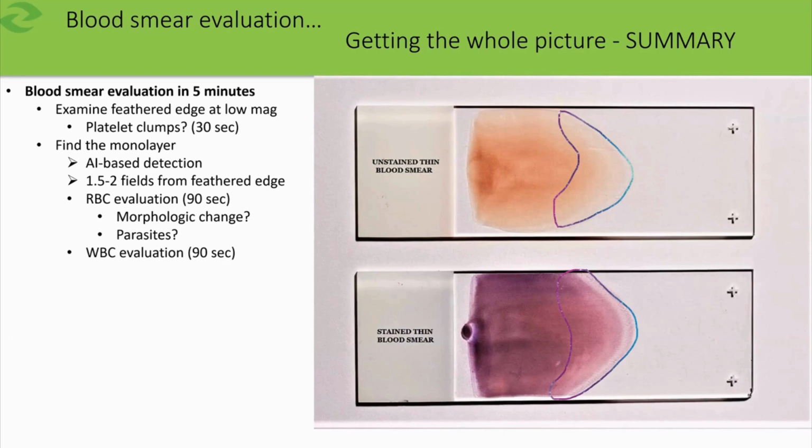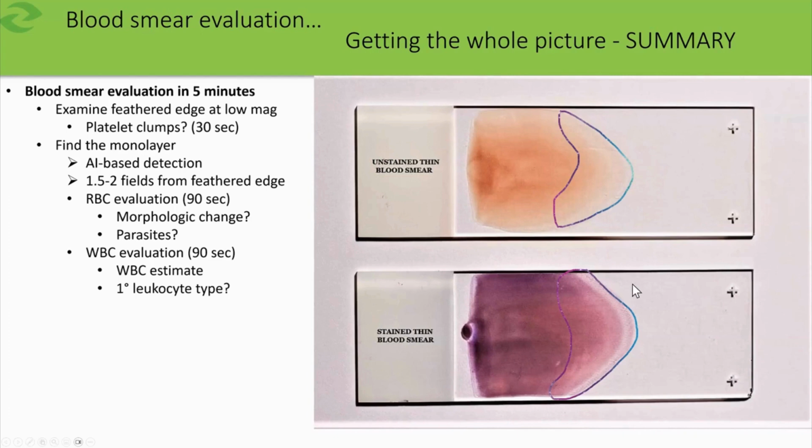White blood cell evaluation: you can do a real quick white blood cell estimate. Is there a leukopenia, a normal leukocyte count, or leukocytosis? You don't have to be exact with that. An automated analyzer usually is going to give you a much better estimate than what you can do. What's the primary leukocyte type? Segmented neutrophils? Lymphocytes?